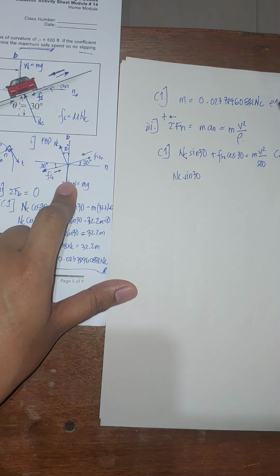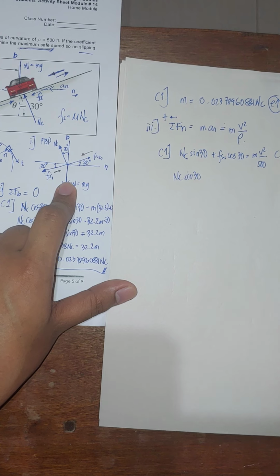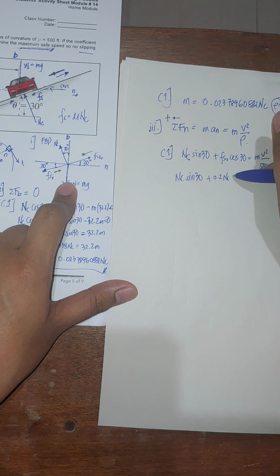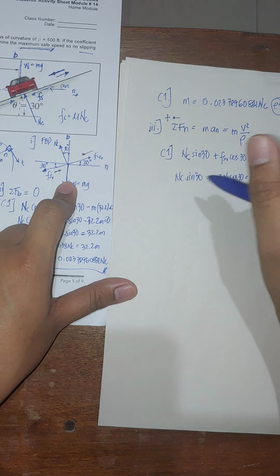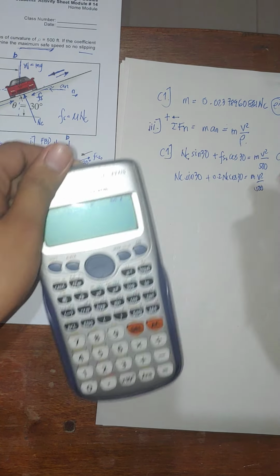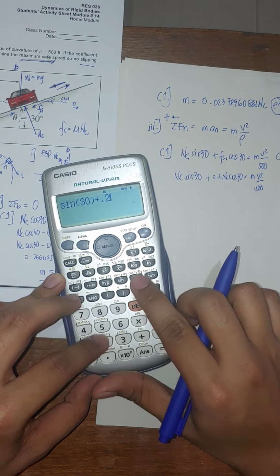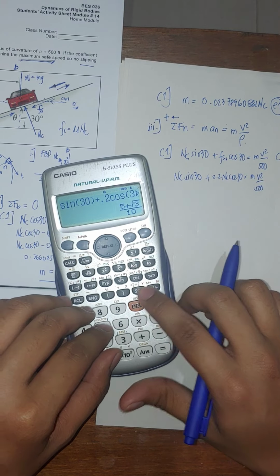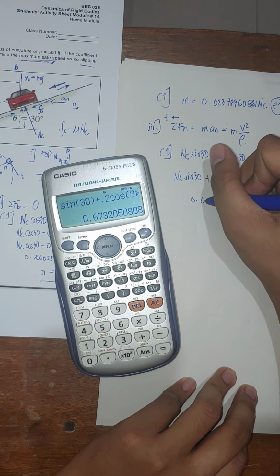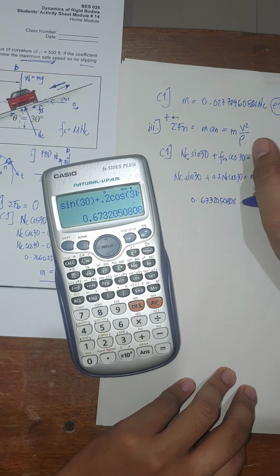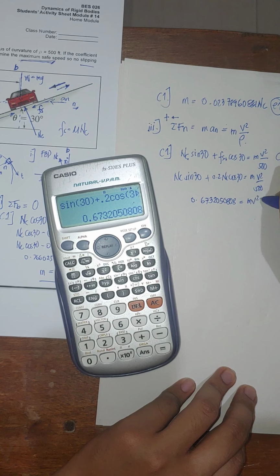Let's name this equation 1, and then we have here equation 2. So we have NC sine 30 plus 0.2 NC cosine 30 is equal to mv squared over 500. Then let's simplify this side: NC times sine 30 plus 0.2 cosine 30 is equal to 0.67320500808 NC, equal to mv squared over 500.